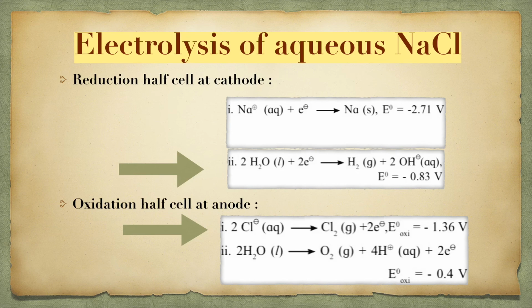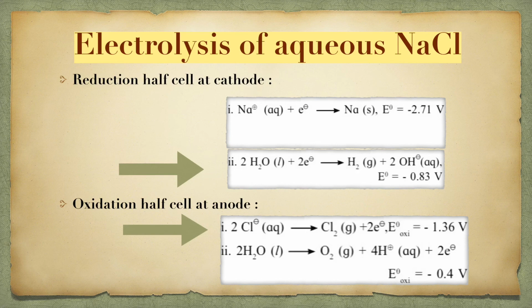Now we will see the net reaction. What will be the net reaction? We have to add both the reactions at the cathode and at the anode. At the cathode, we will take the reduction of water to H2, and at the anode we will take the oxidation of Cl- to Cl2 gas.